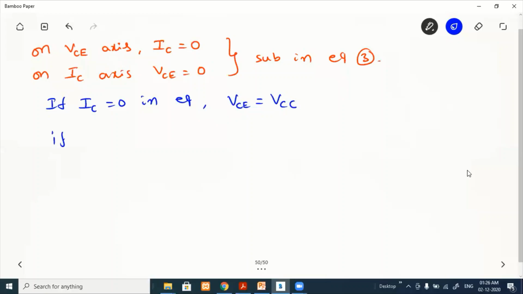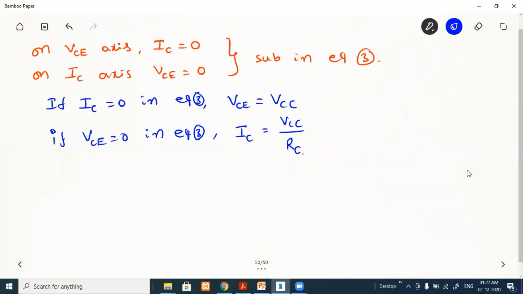Similarly, if VCE equal to 0 in equation 3, then IC equal to VCC by RC. So we are getting 2 points. One is VCC on the VCE axis, that is the x-intercept point. Another one is IC equal to VCC by RC, that is the y-intercept point. So if you join these 2 points, then we are getting the DC load line.